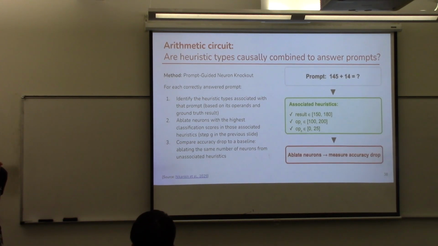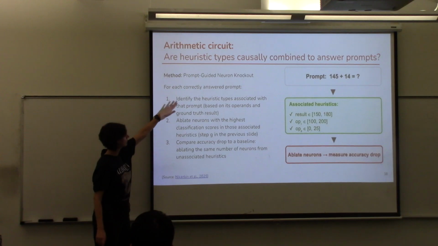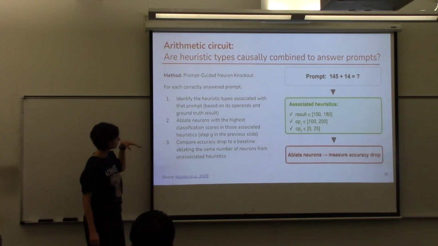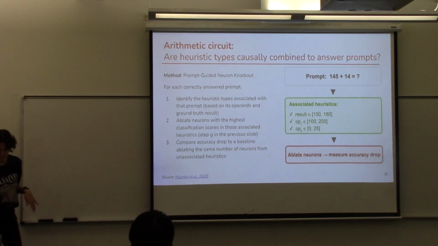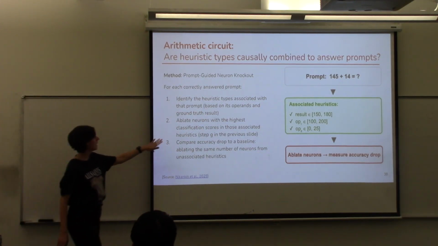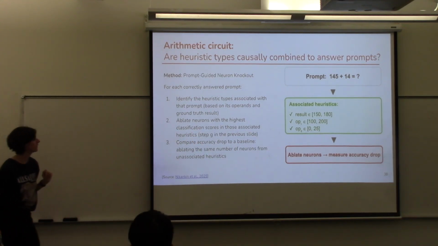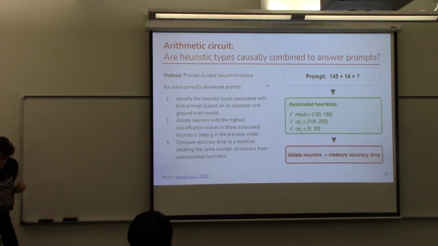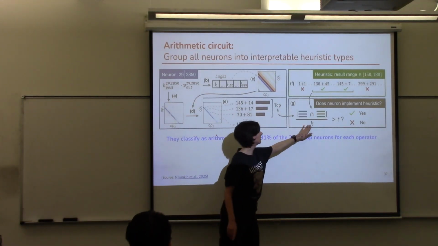So try to remember what we were doing so far. For each correctly answered prompt, they identify the heuristic type associated with that prompt. Then they ablate neurons with the highest classification scores in those associated heuristics. So basically here in step 2, they're using this threshold over here.